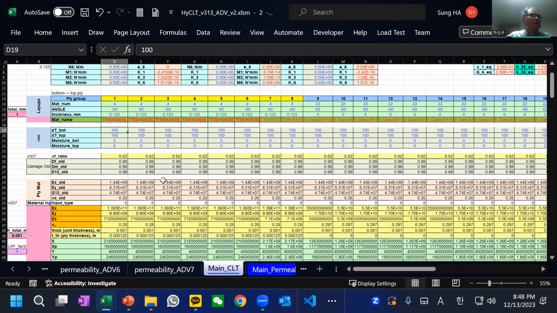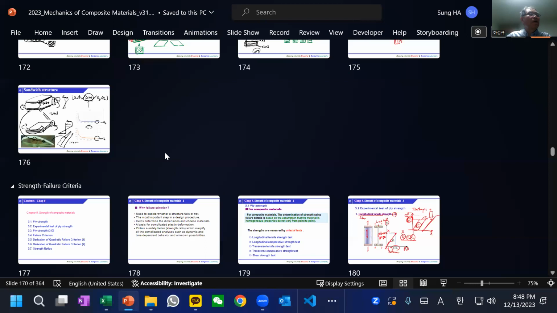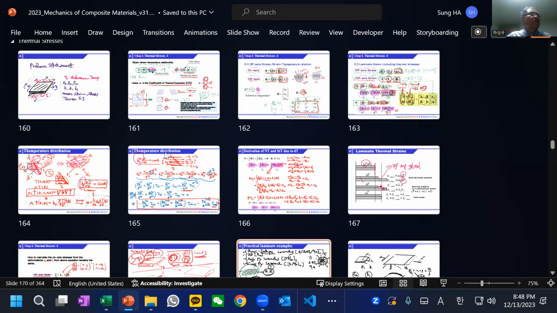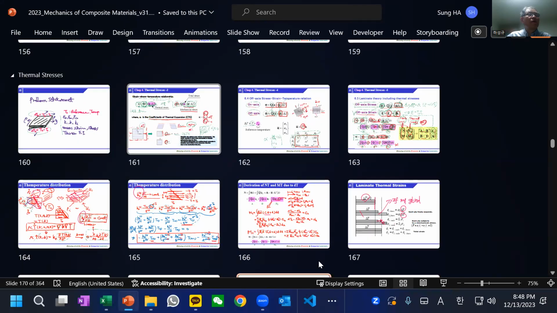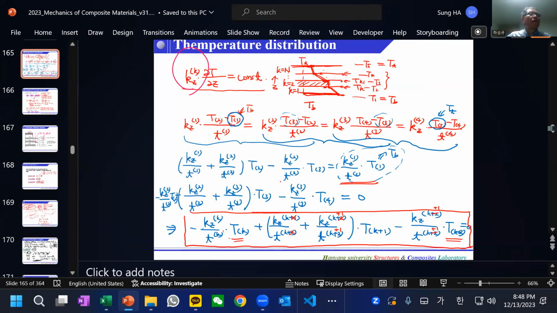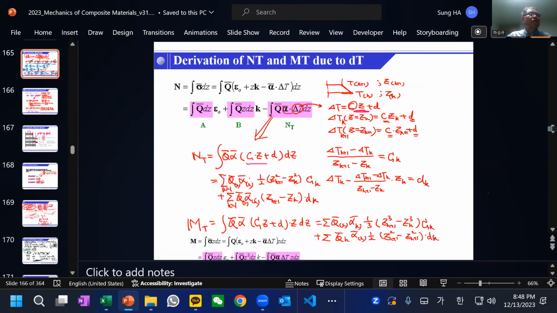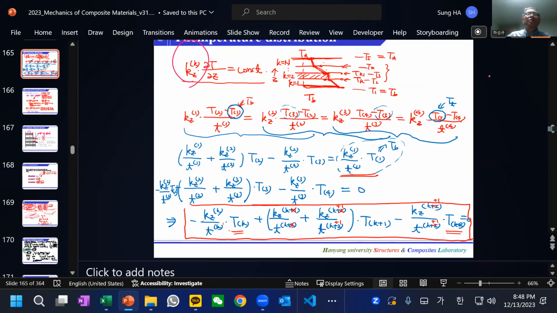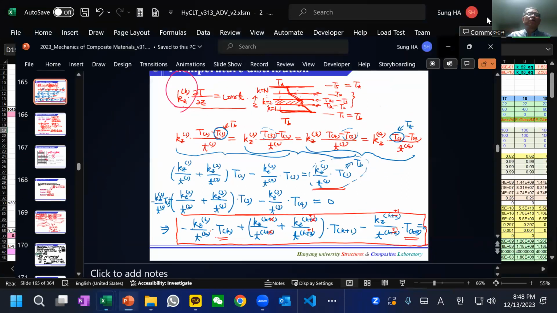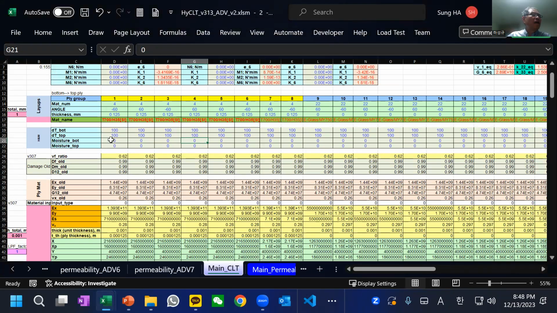See, as we observe in here, temperature can be specified. Actually any temperature we can specify through the thickness.